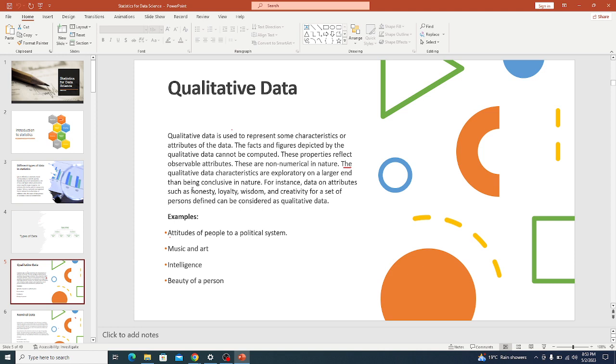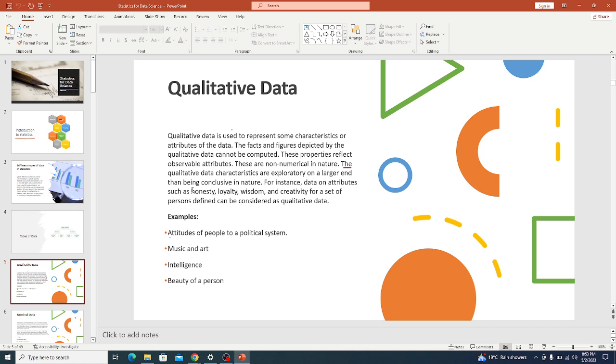For example, we can talk about the characteristics of a gent or of a lady. You can say he is tall, she is beautiful, she's loyal, she's wise, depending on the arguments. Those are just attributes, and you cannot measure those attributes.